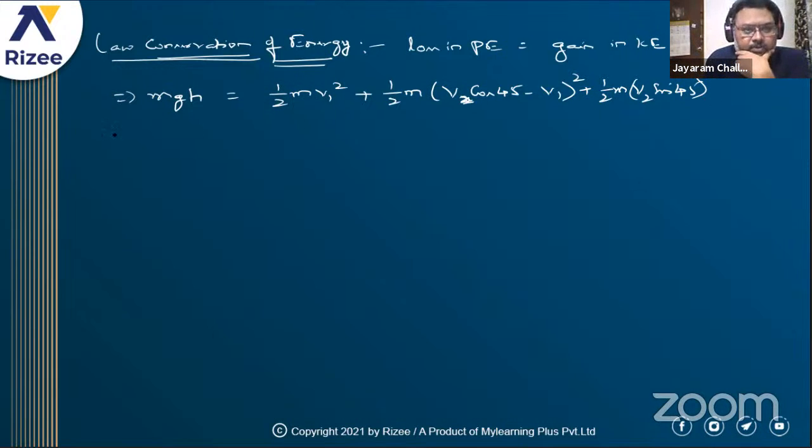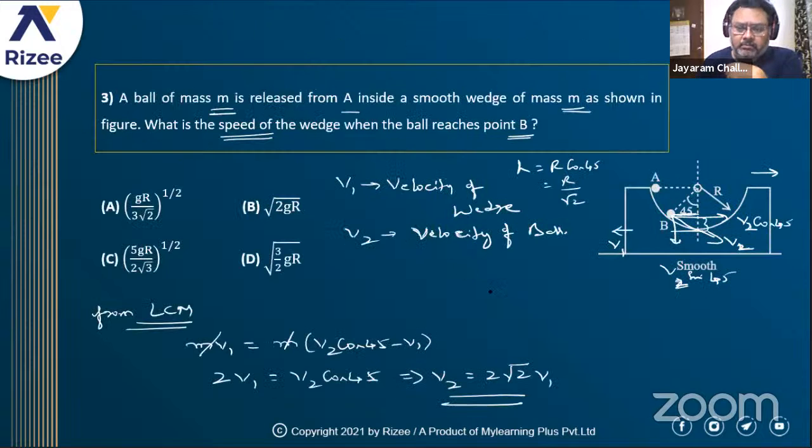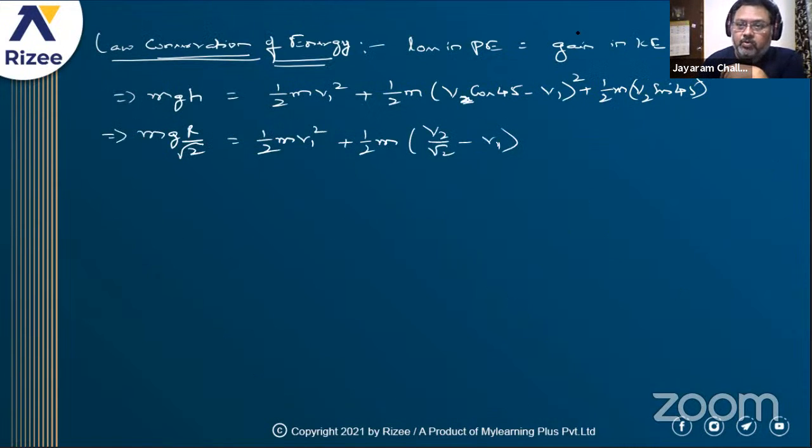Now if I substitute these relationships, mg into r by root 2 is equal to half m v1 square plus half m into (v2 by root 2 minus v1) whole square. I can substitute the v1 and v2 values from there. From here, v2 is equal to 2 root 2 times v1. Let's put it here.